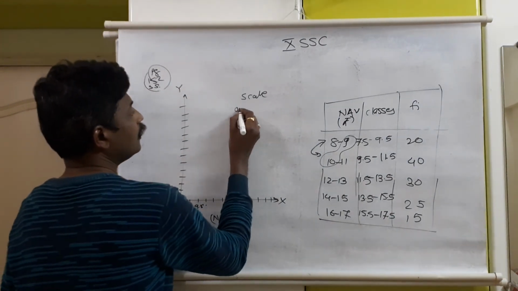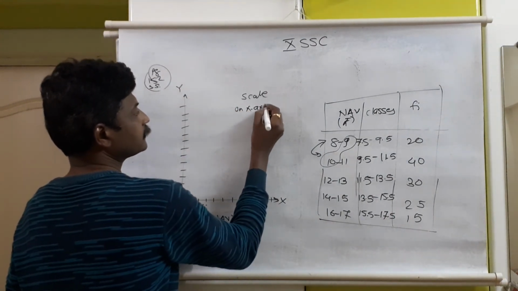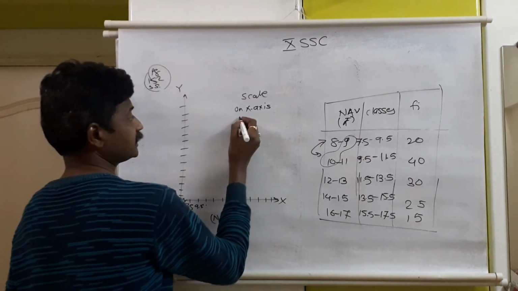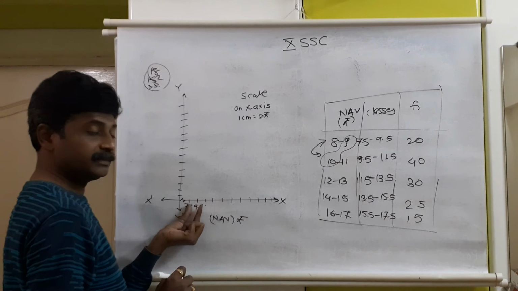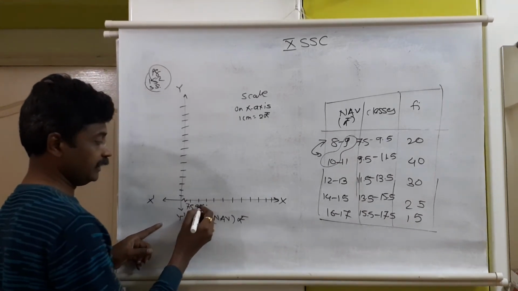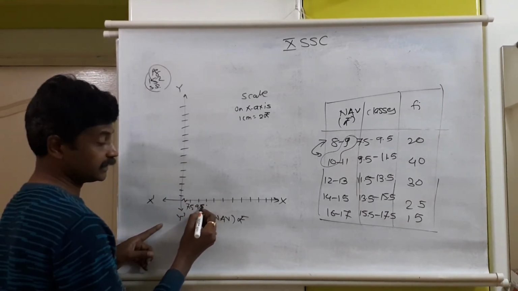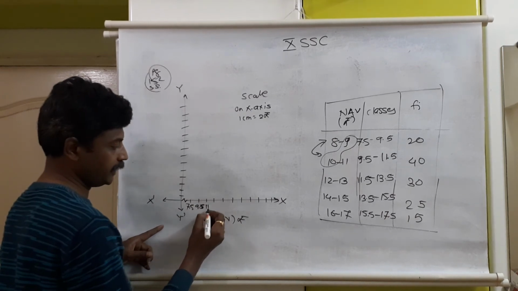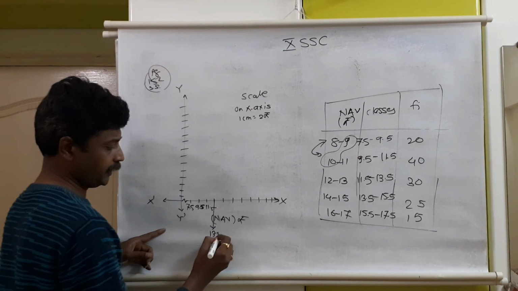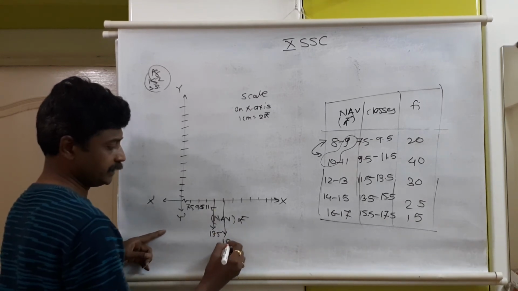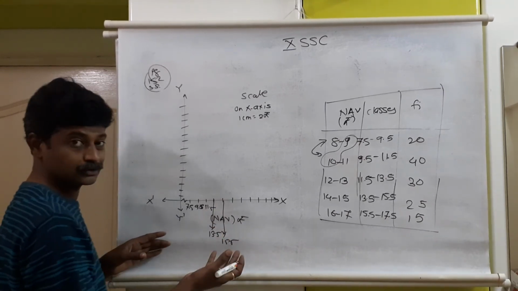So the scale on the x-axis: first we'll mention the x-axis. 1 centimeter is equal to 2 rupees. So 1 centimeter carries 2 rupees. 7.5, 9.5, then after 9.5, 2 rupees more: 11.5, then 13.5, then 15.5. I am mentioning it here so that you understand it.